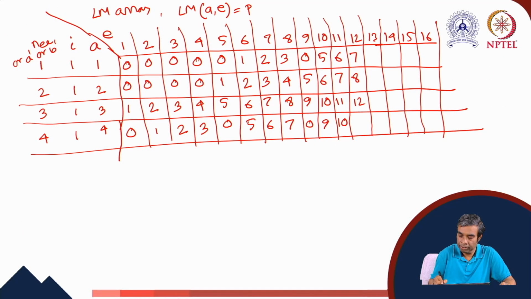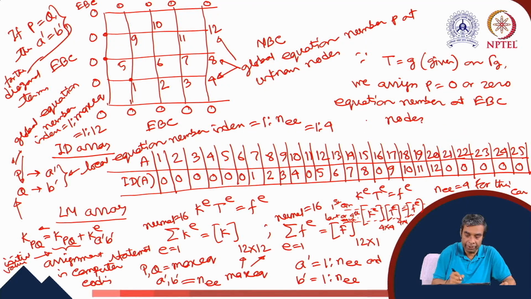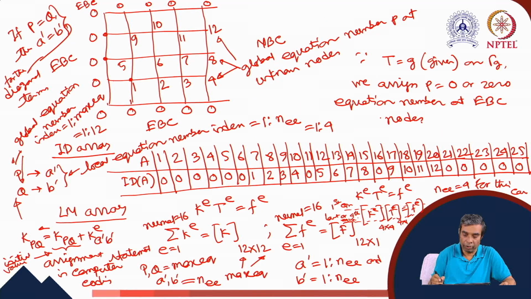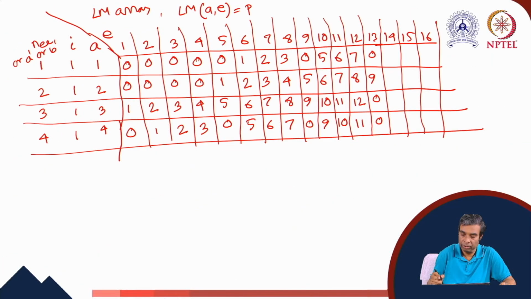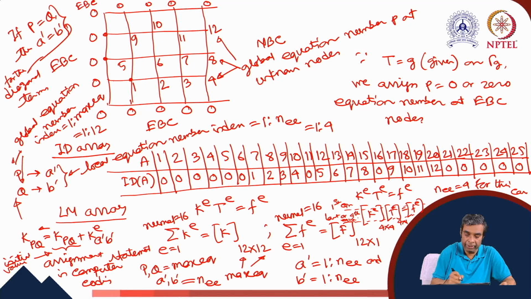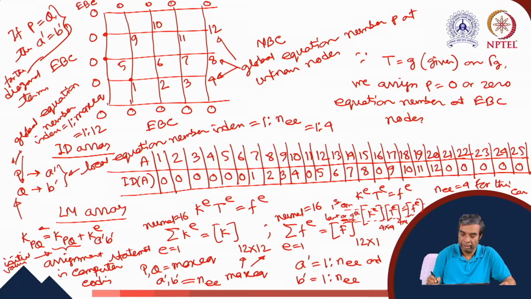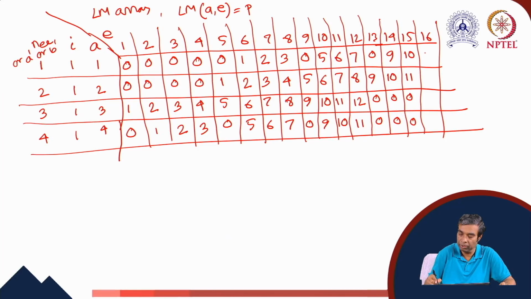For the 13th element, 0, 9, 0, 0. For the 14th element, 9, 10, 0, 0. For the 15th element, 10, 11, 0, 0. And finally, for the last element, it is 11, 12, 0, 0.